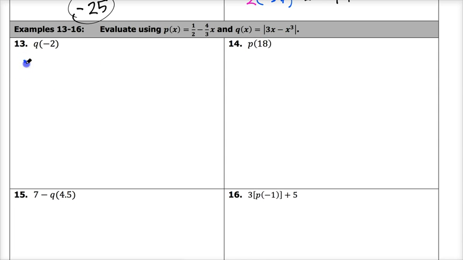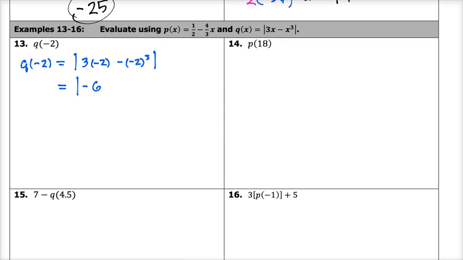Q of negative 2 would look like this. So I'll substitute a negative 2 in for x into those absolute value symbols. And again, be very careful with your use of parentheses here. So this is how that substitution should look, plugging the negative 2 in here and here. From there, it's just your order of operations. So 3 times negative 2 we know is negative 6.